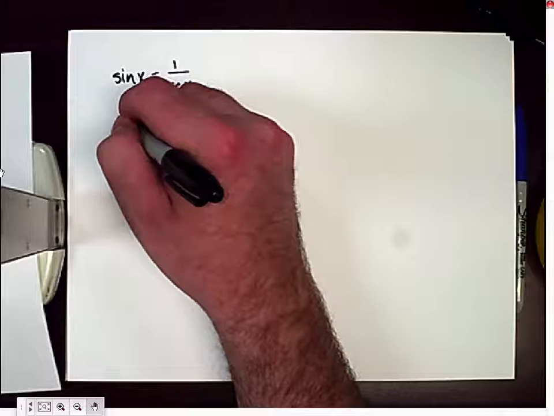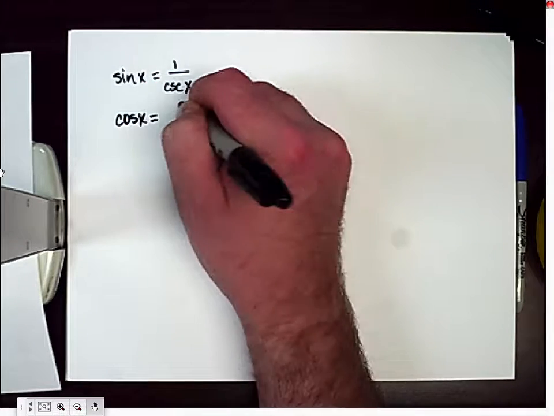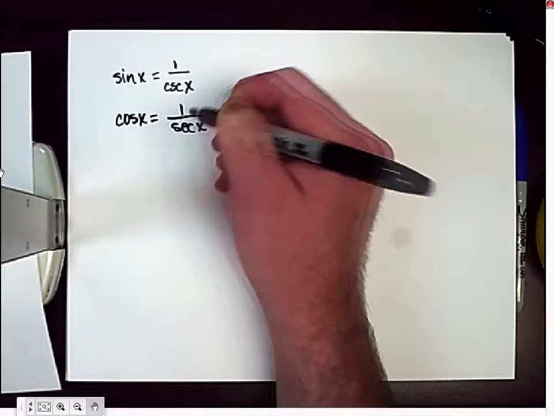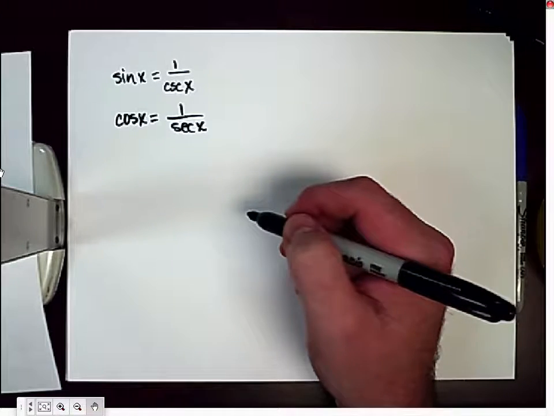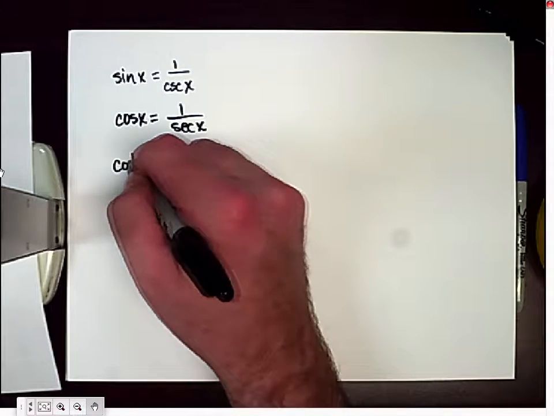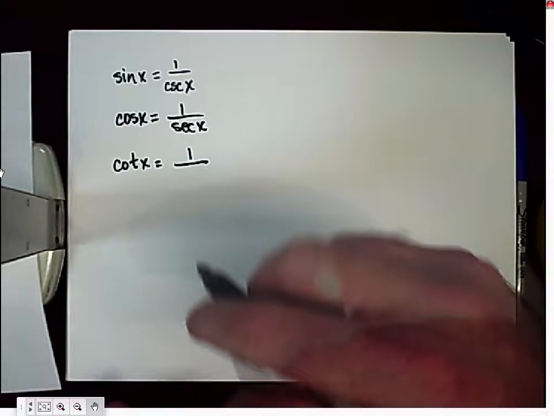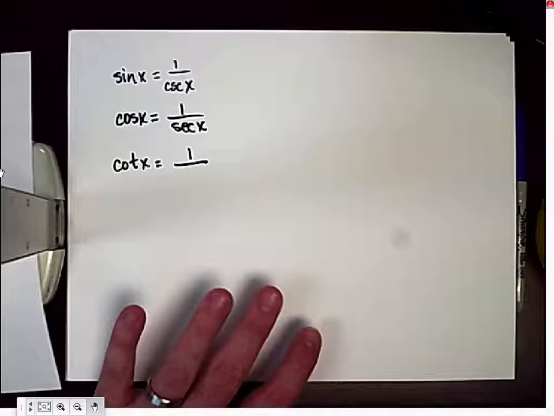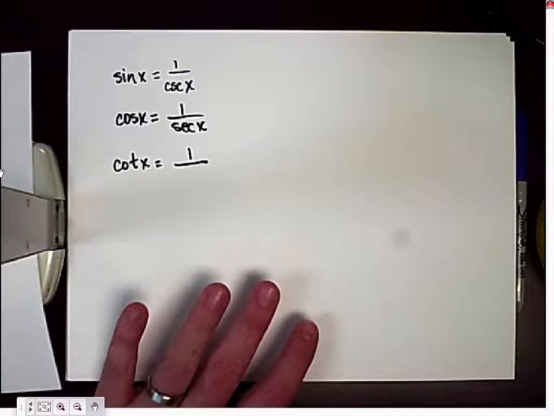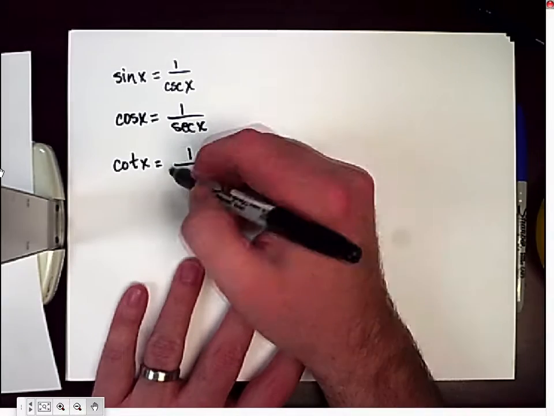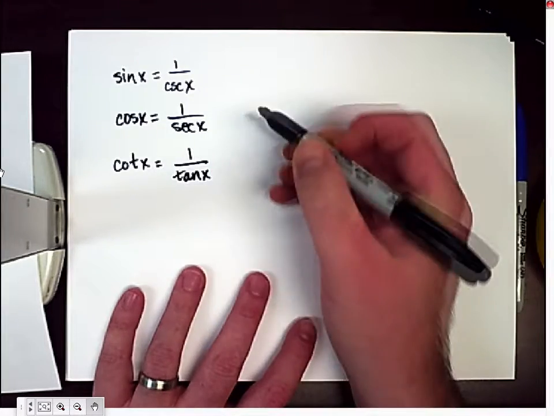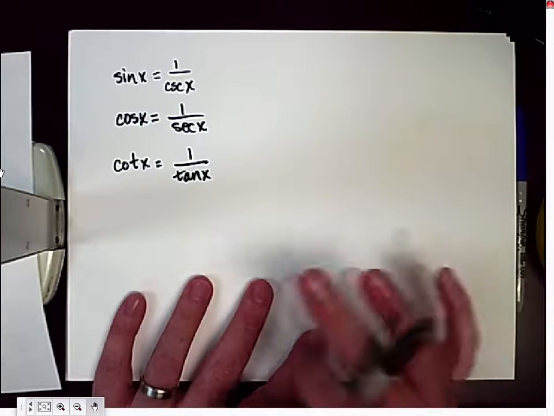We know that cosine of x is 1 over secant x. Cotangent x is what? Oh, I wrote that backwards, but still it works. It's 1 over tangent x. Or tangent x is 1 over cotangent x. You can do that in either way.